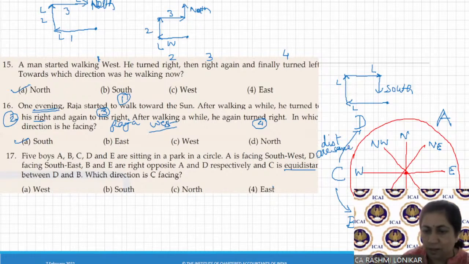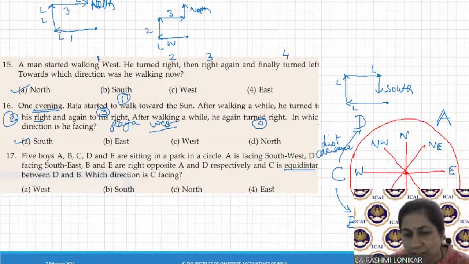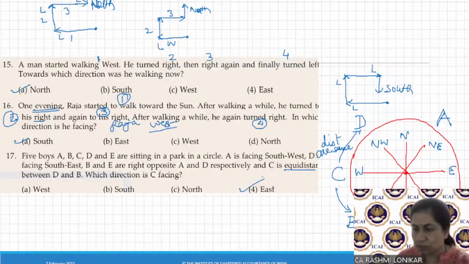So this way, which direction is C facing? You can easily tell from here. C is facing which direction? He is facing the east direction. Okay. So this is how you are supposed to do this sum, so that you will not make a mistake, because you have put in all the directions inside the circle.